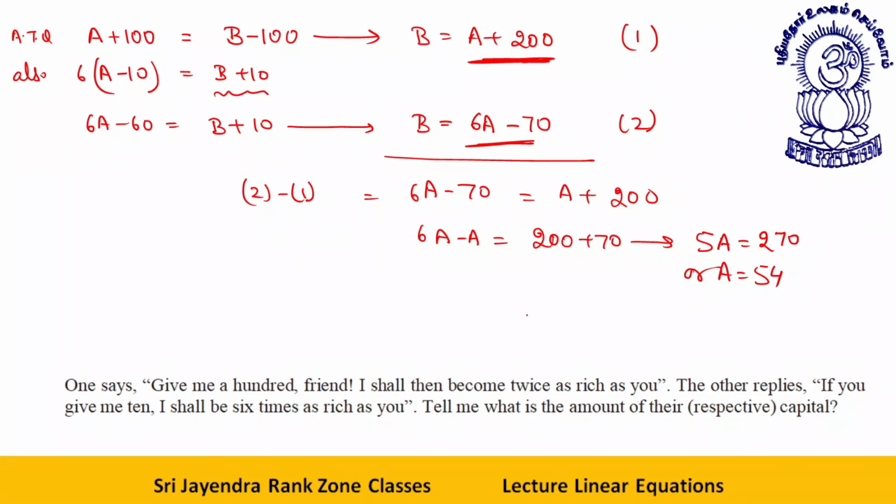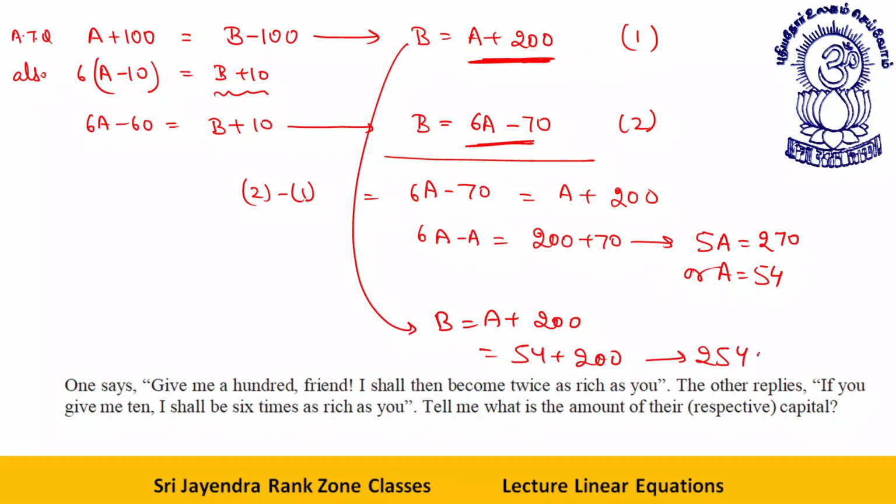If A is equal to 54, then B is equal to A plus 200, that is 54 plus 200, or 254. This is your answer. Okay, my dear lovely students, I hope this portion is clear to all of you.